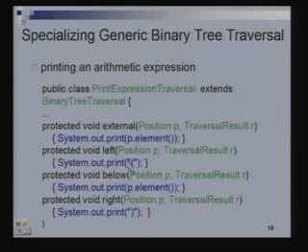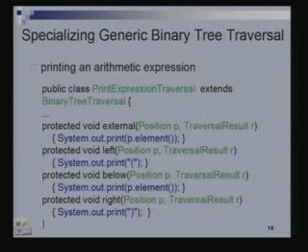So once I have specialized these methods in this manner, this becomes print traversal. This is the class which is extending binary tree traversal, and when I invoke the traversal method, with the tree corresponding to an arithmetic expression, it will print out the arithmetic expression in the parenthesized form.